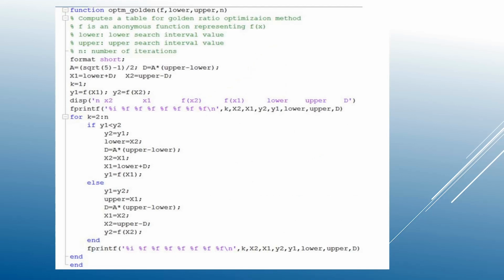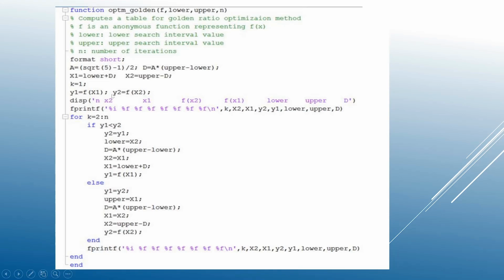So I have made a MATLAB program for the above problem. Here a is the ratio, that is, square root of 5 minus 1 by 2. x1 is the point between the two extreme ends of the interval, where we have taken lower as one side and upper as the other side. k is the iteration number, so we are performing the first iteration, so k equals 1. y1 and y2 are the function values.